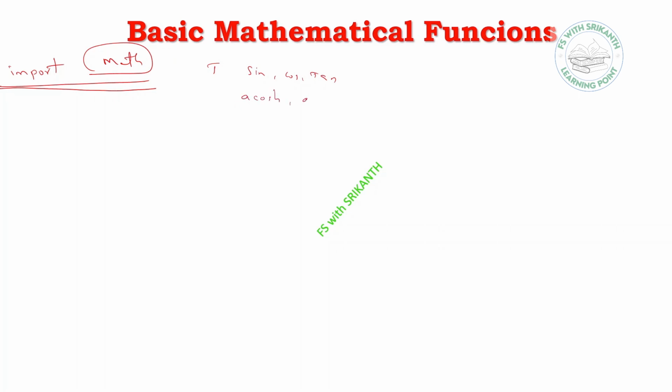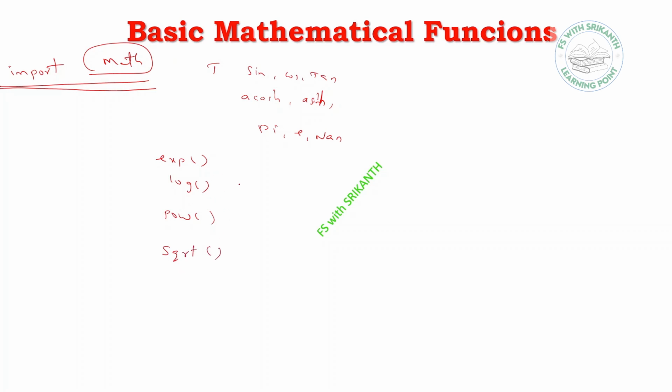Hyperbolic values also we can get, and some constants like pi, exponential and nan. We also get exp for exponential, log for logarithm, pow for power, and sqrt for square root.